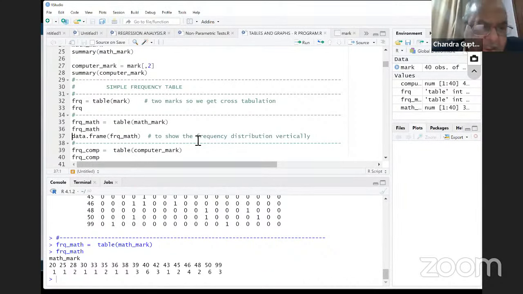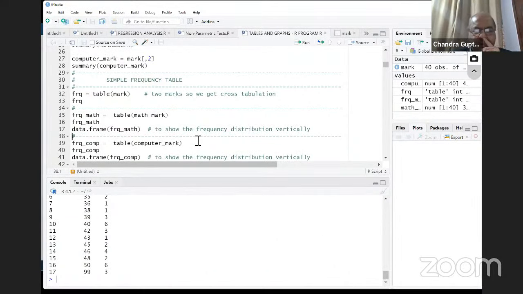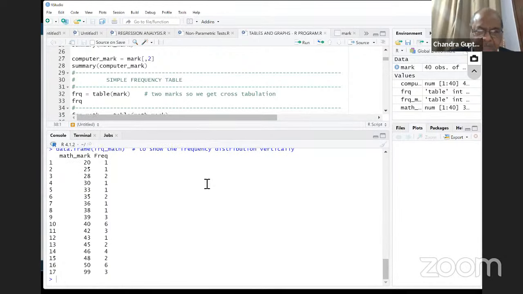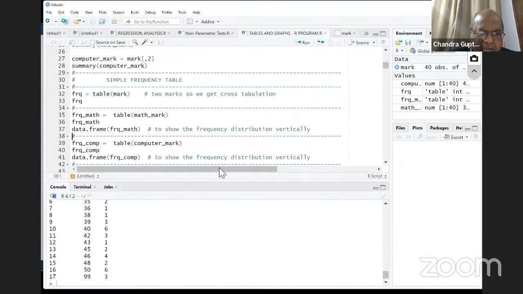So if we define it as a data frame, then you can see the output is coming in a vertical format like this. And that's the frequency distribution which we get. A similar exercise I can do with the computer science marks.